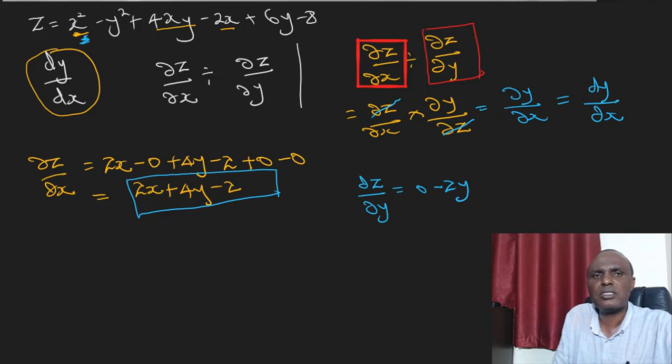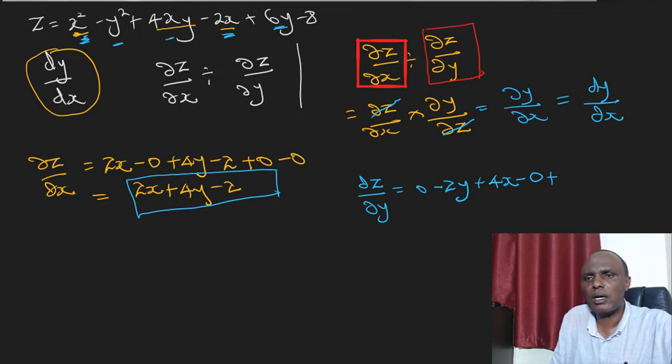For 4xy, differentiated with respect to y, x is constant, therefore we get 4x, so plus 4x. Differentiate 2x, it's a constant, therefore we get minus 0. Plus 6y, we are differentiating with respect to y, therefore that becomes 6. 8 is a constant, differentiated with respect to y, we get 0. Therefore, ∂z/∂y is equal to negative 2y plus 4x plus 6.